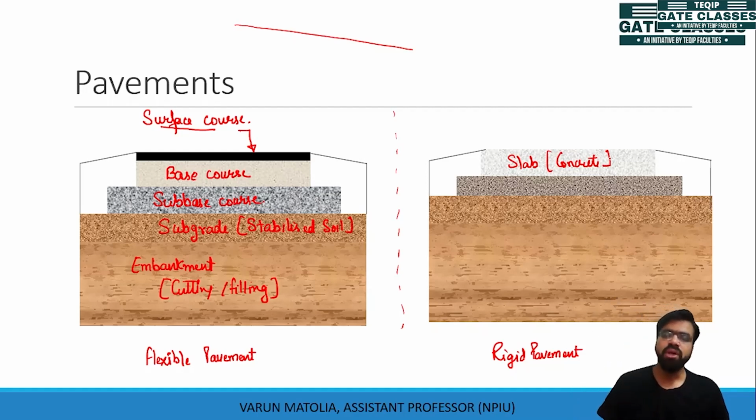This slab provides the load distribution in terms of slab action. Means the load distribution will start from here. The load will be distributed in slab action. Whereas in flexible pavement, load was distributed with the help of particle to particle contact.